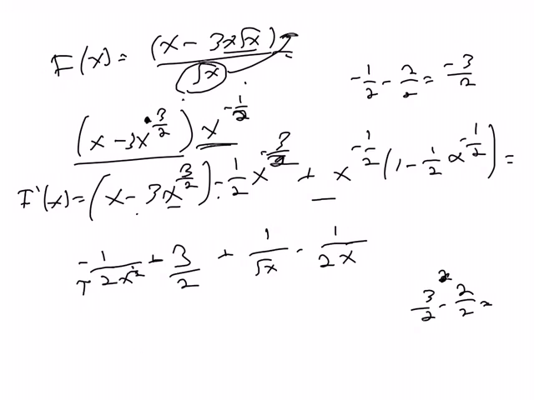So let me write this equation in. So that's 2 plus 1 over the square root of x minus 1 over 2x.